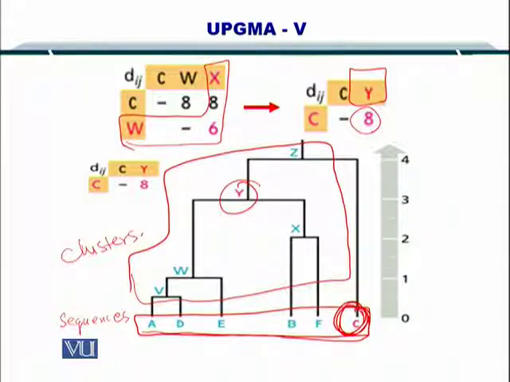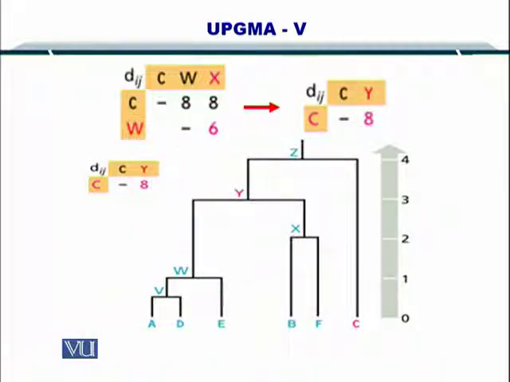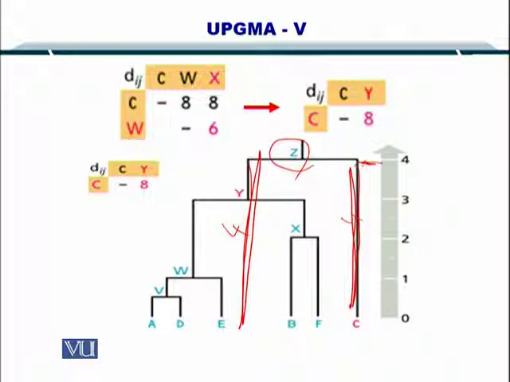In this way, the entire tree will be organized, and you can always check your tree by looking at the distance. So here is 4, as you can see here. So 4 here and 4 here. So Z, the new cluster, will be created.